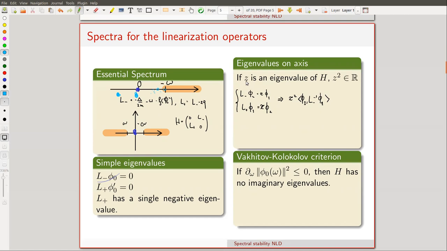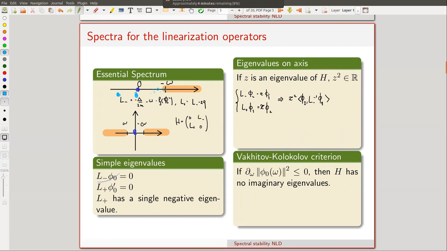And then another thing that you can see is that if we have an eigenvalue of H, the operator that was not self-adjoint, that has these blocks, then actually its square is real. That's another way to say that it's either on the real axis or on the imaginary axis. To see this, you just write out what it means to be an eigenvalue of this.